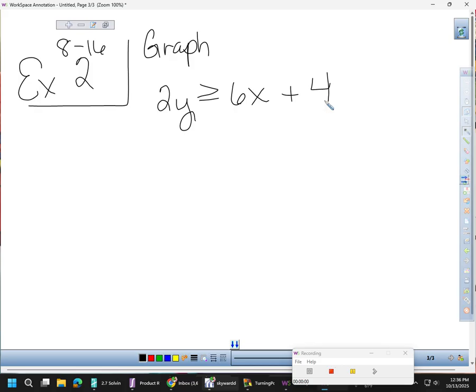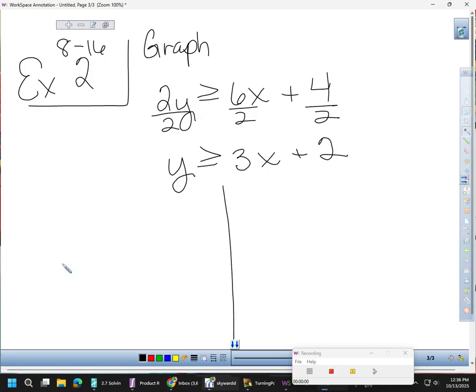In order to graph this, I have to get what by itself? The y. So I've got to divide everything by 2. So I have y is greater than or equal to 3x plus 2. Now I'm going to graph. I'm going to start at 0, 2 on the y-axis.